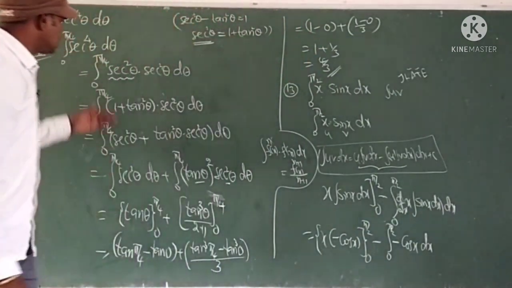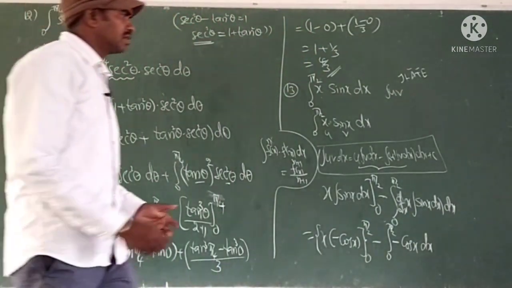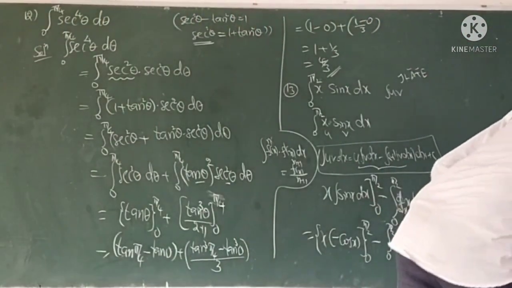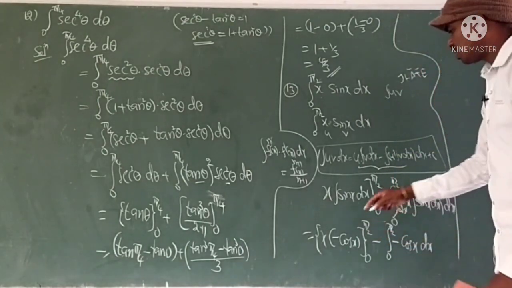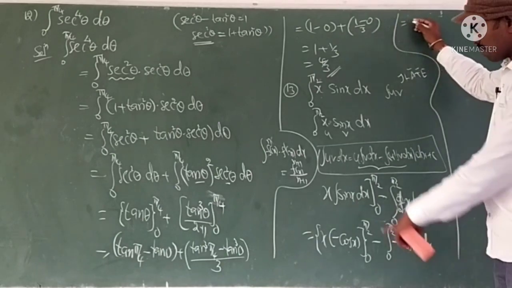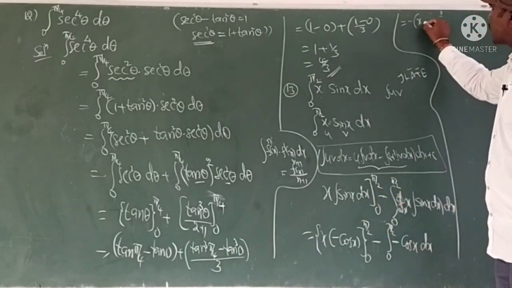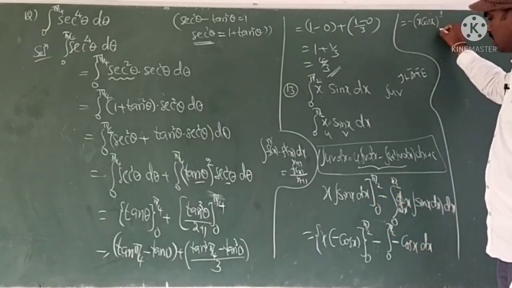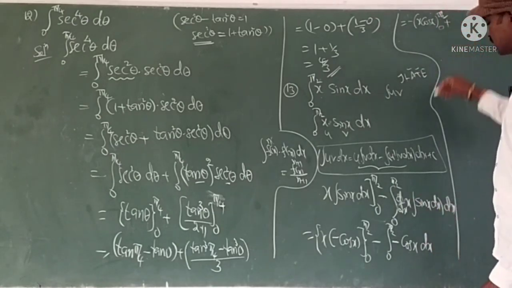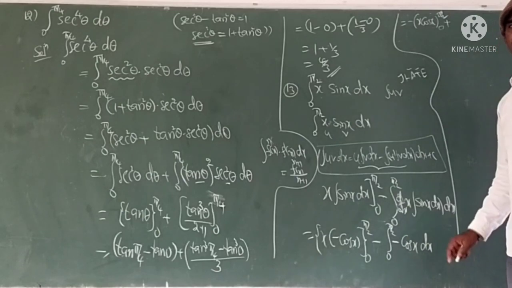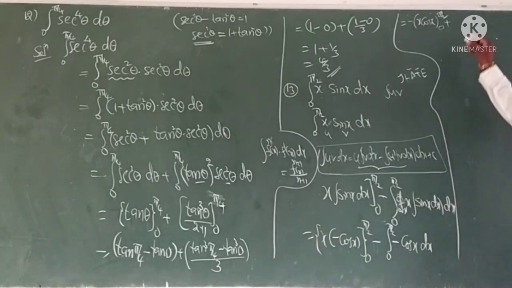So here you can write the minus outside, minus of x cos x, with intervals 0 to pi by 2, then minus into minus is plus, integration of cos x is sin x, with intervals 0 to pi by 2.